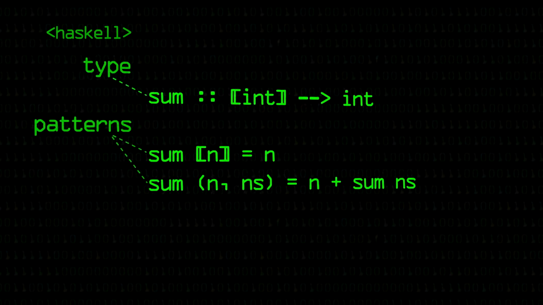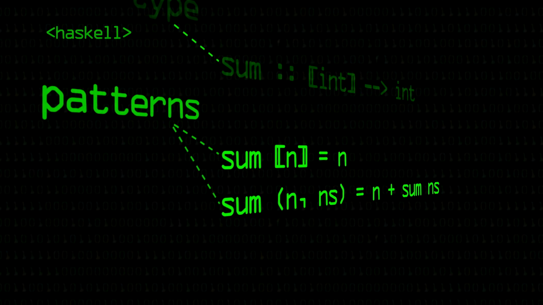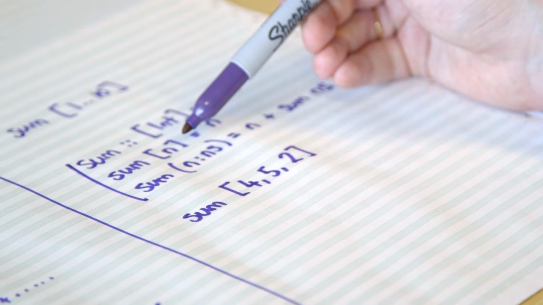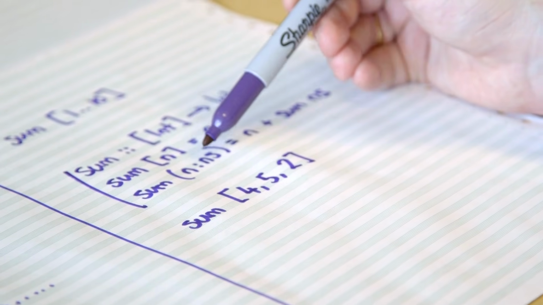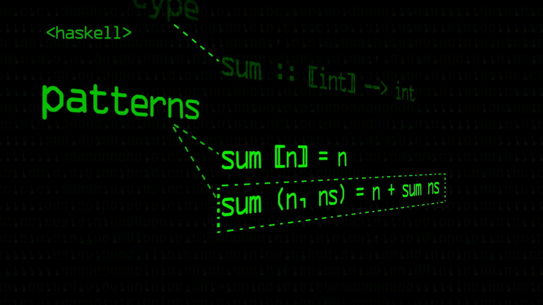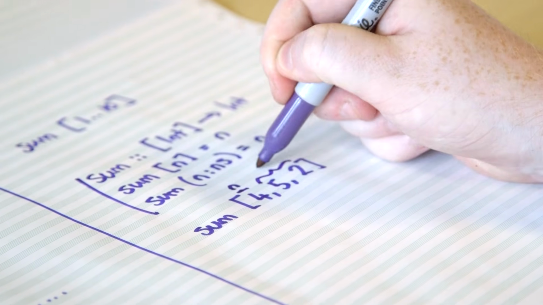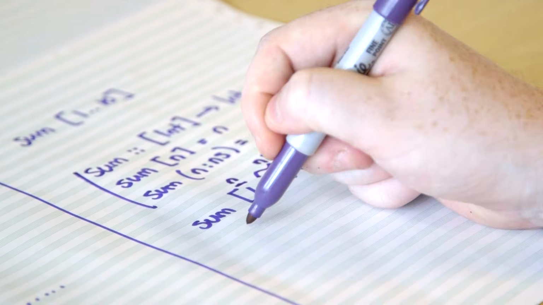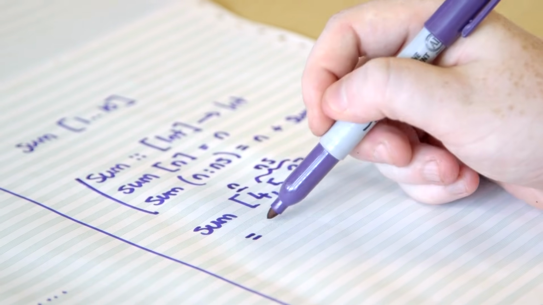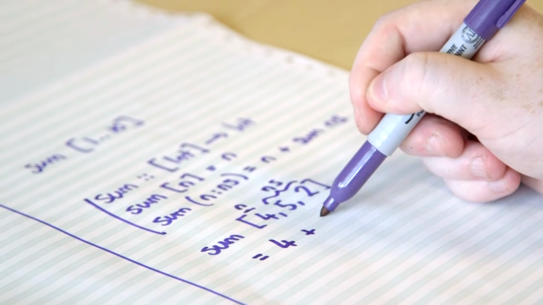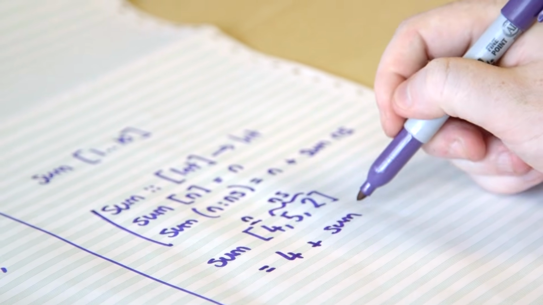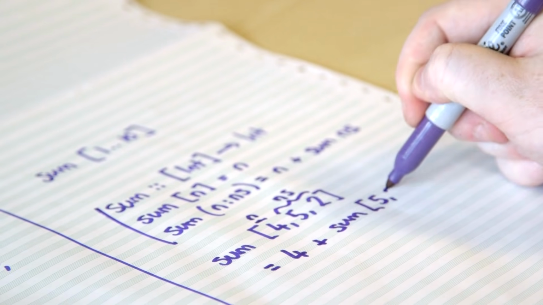Pattern matching involves looking down and asking: are we looking at a single list? No, we're not. So we move down to the next pattern. In this instance, the 4 is the n, and the 5, 2 is the n's. So this is defined to be 4 plus the sum of 5 and 2.